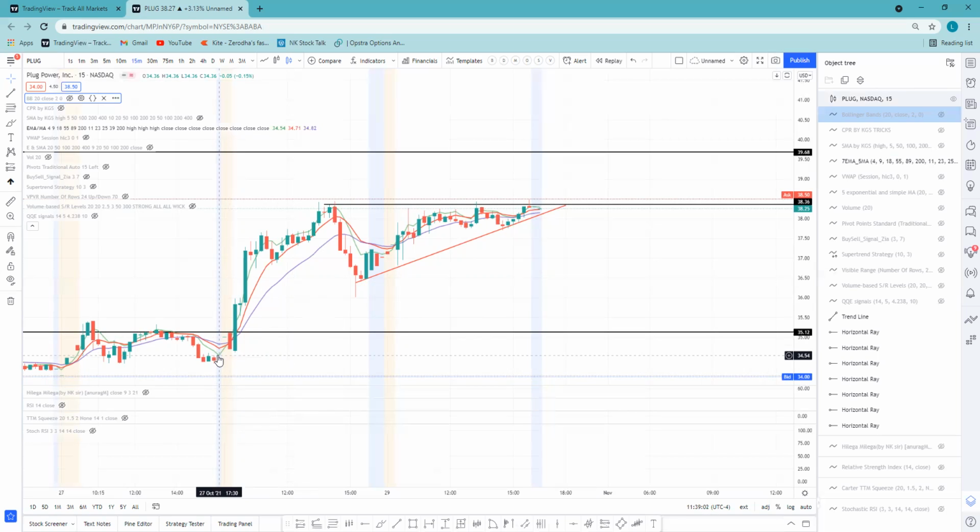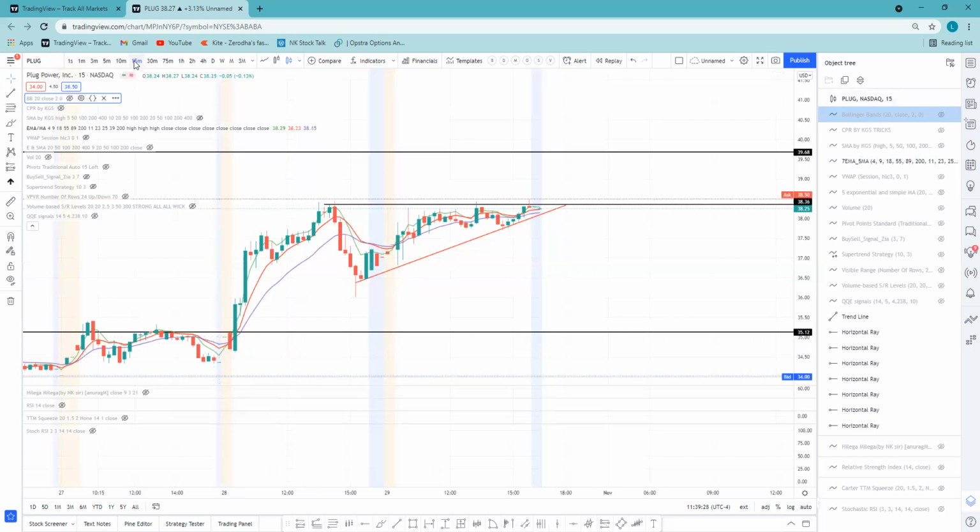Sorry, I'm stuck here. So the green line is 4, the red line is 9, and the blue line is 18. Don't get yourself confused. Look for the time frame.